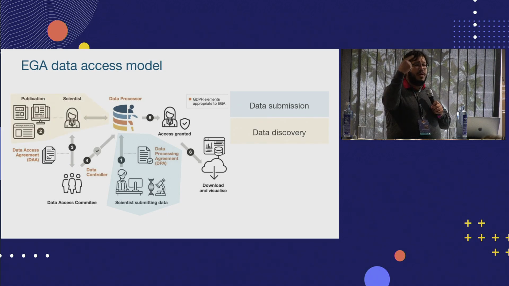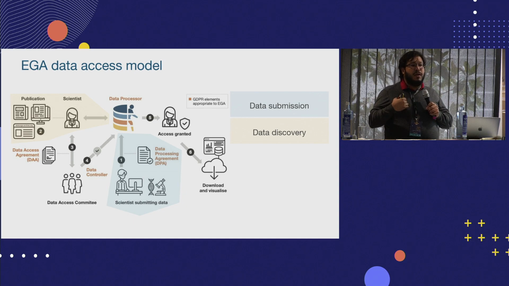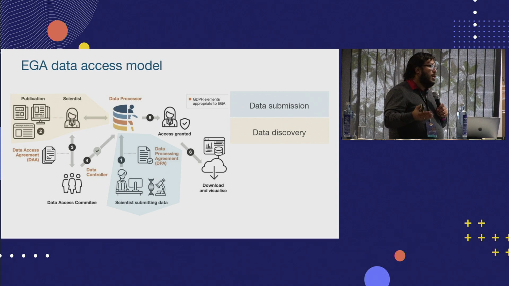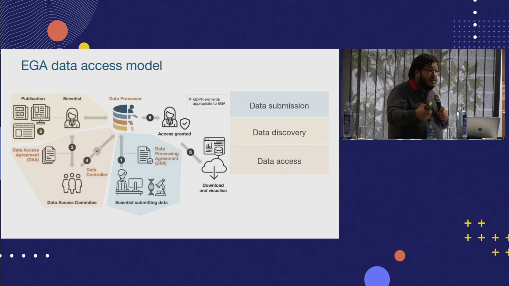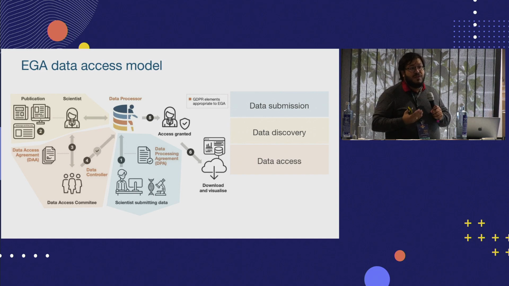I'm a researcher, I want to find a particular data set for my own investigation, so how do I discover that? Through publications, through catalogs, through beacons, which are mechanisms to locate data, until the point where I say, well, I want to access that data. That implies that I need to request access, and to request access I first need to present a project that needs to be validated by the data access committee, saying there is a recognized scientist and a project that makes sense, so it's not just for fun, it's a credible research project.